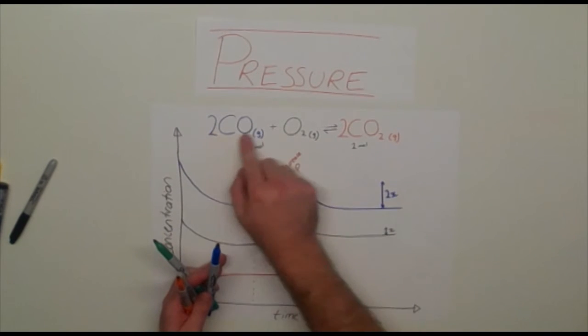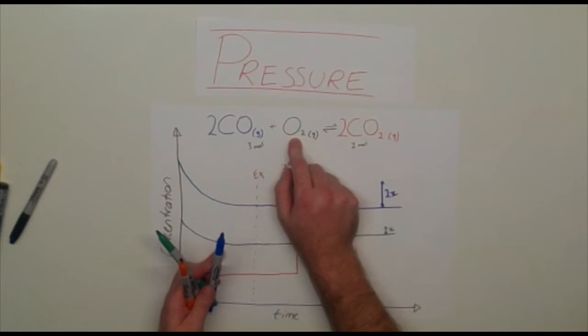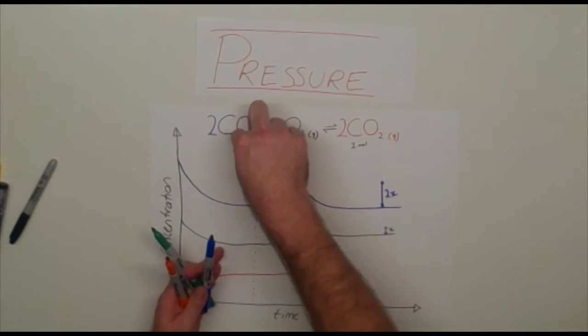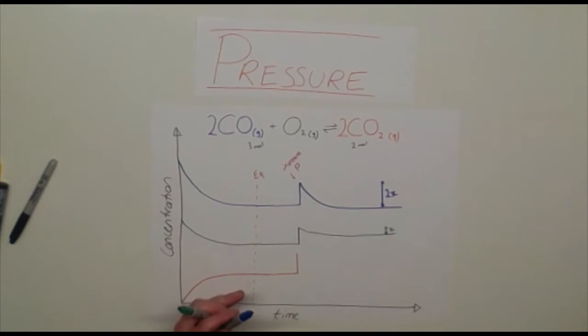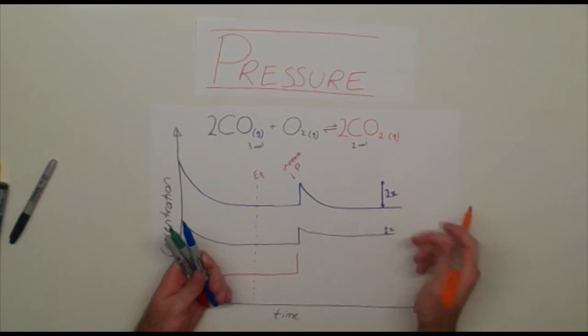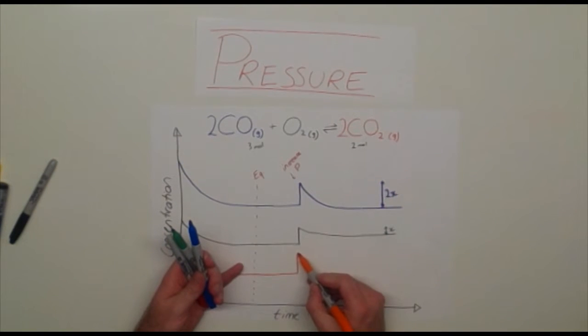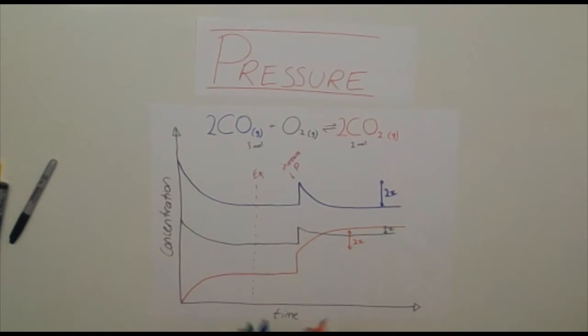Now that comes from the reaction equation, which makes sense. For every 2 moles of carbon monoxide we've got, we need 1 mole of oxygen. So it makes sense that when these are reacting, this is going to decrease in concentration at twice the rate of this one. Okay? Hopefully what you'll see, or be able to work out, is that the carbon dioxide is going to increase by double the amount.